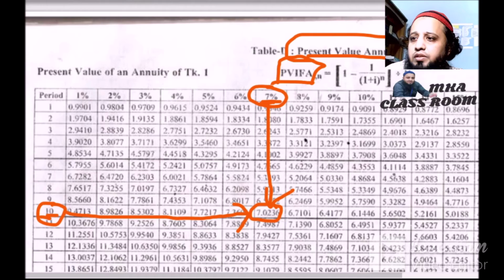So if we put this value 7.0236 into our formula, then we can get the result. The result may be a little bit different, but the result is correct.